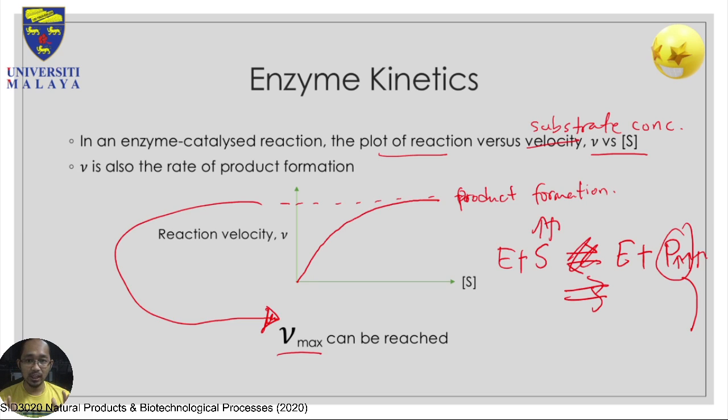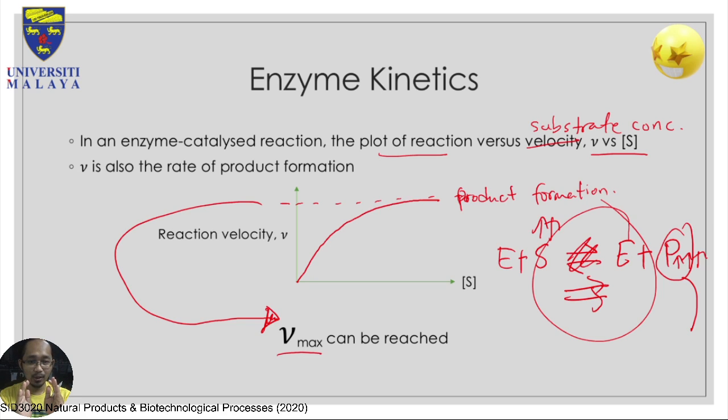What's more critical is the rate of your product formation, right? Because when you are constantly putting in your substrate and at the same time extracting out your product, you want to have the best rate of reaction possible, right? Can you understand what I mean? You want your product to be formed as quickly as possible, so that's the rate.